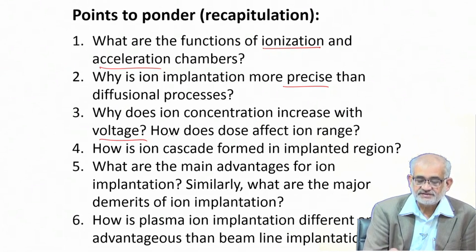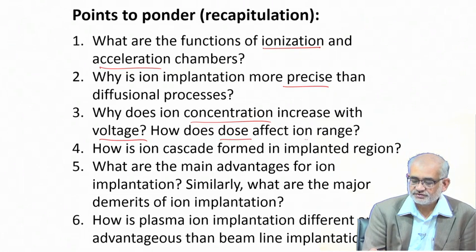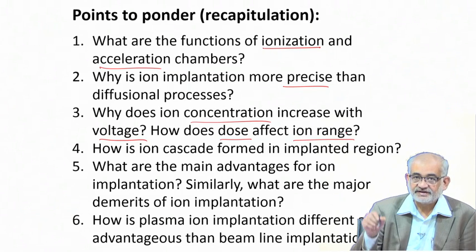If we increase the voltage, we enhance the momentum and the kinetic energy, and hence the ion concentration increases, and also the dose, the total concentration per unit volume, will increase. As we increase the dose, that also will increase the ion range, the depth to which the ions can eventually penetrate.